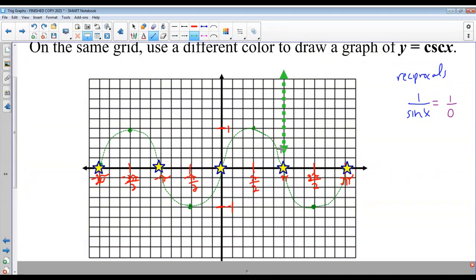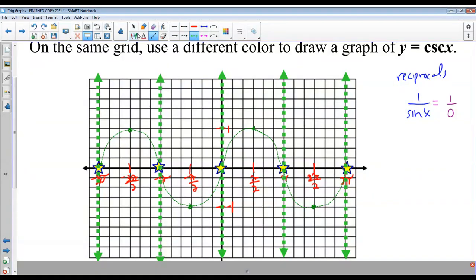And when a function is undefined, we've spent time on this earlier in the year, we know there's either a hole or an asymptote there. So in this case, since nothing divides out, every spot where the sine parent function is equal to 0, the cosecant function is going to be undefined.